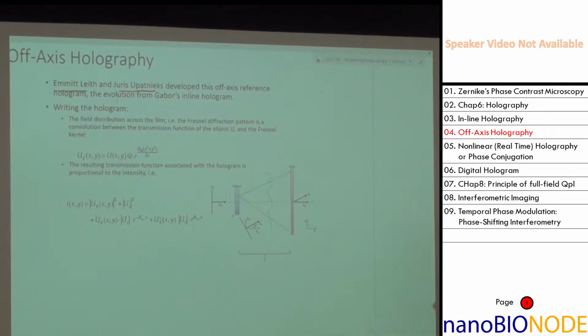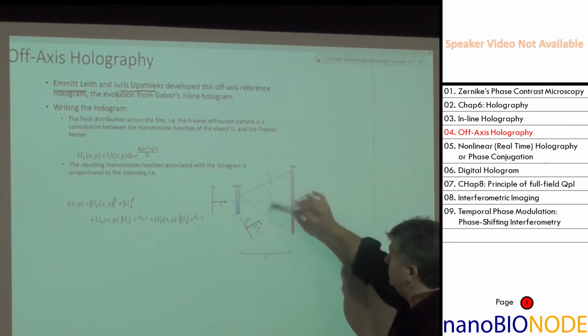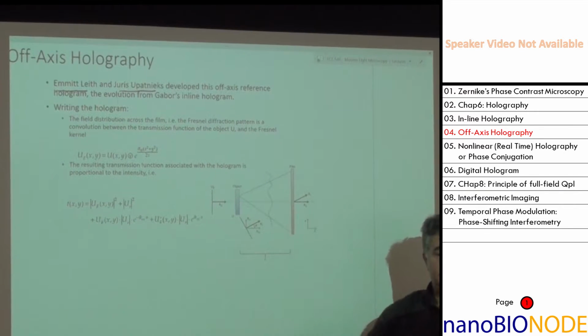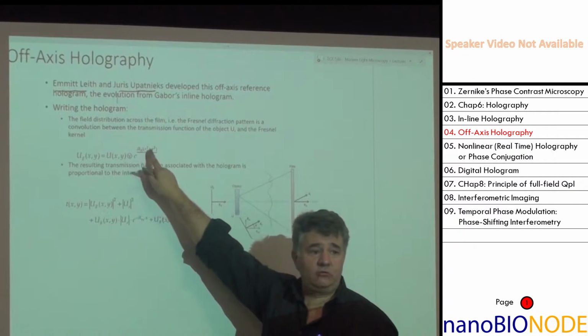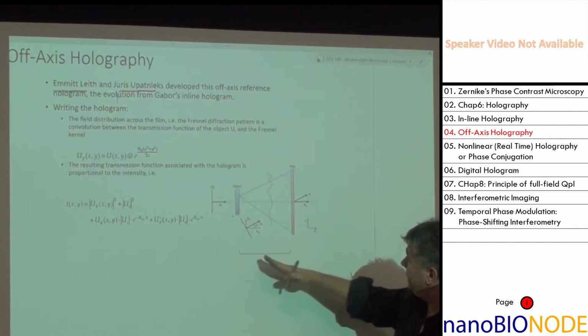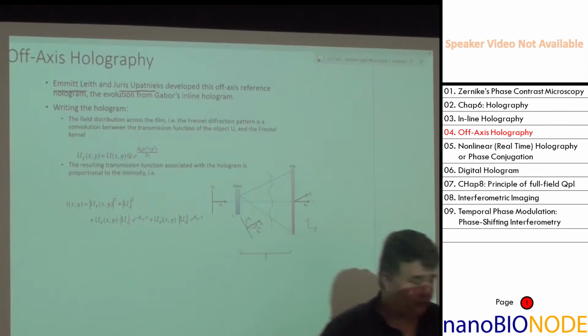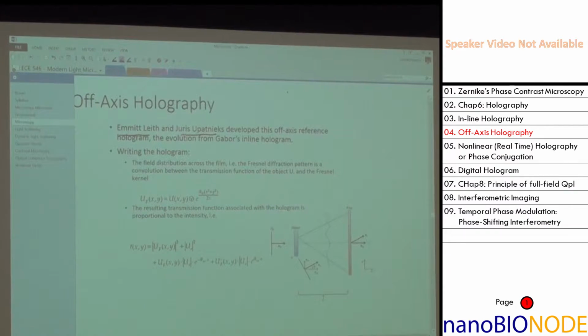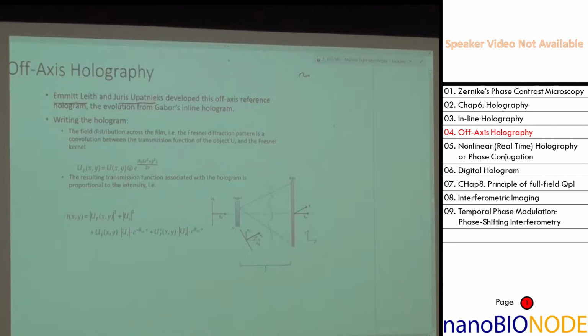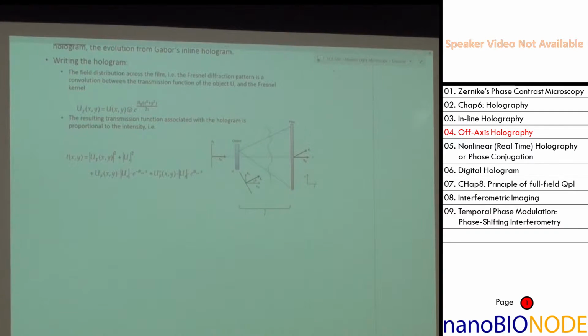I call this the Fresnel field. The film is in the Fresnel zone of the object, a certain distance from the object, so I use a Fresnel propagator to get there, a convolution with the Fresnel kernel. On top of that, I have a reference that comes at an angle. So I'm writing the intensity, which is the magnitude squared of the field.